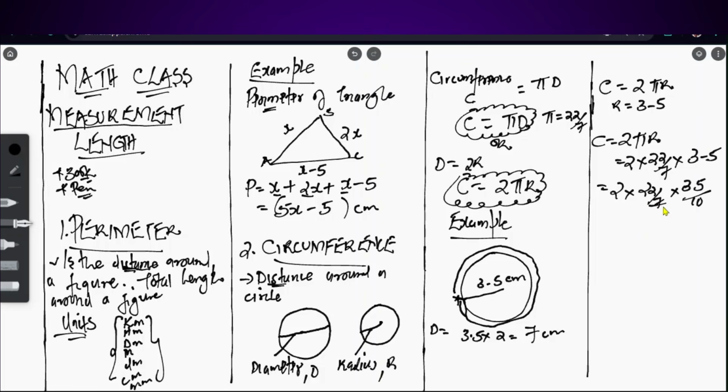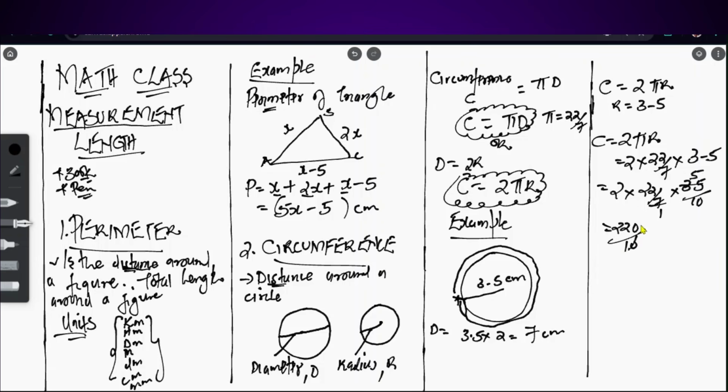Then I simplify by 7, 1 by 7 5, so that I can multiply this out. 2 multiplied by 22 is 44. Then I take 44 and multiply by 5. My answer is 220. Then 1 multiplied by 10 is 10.